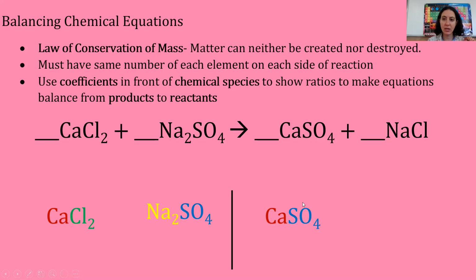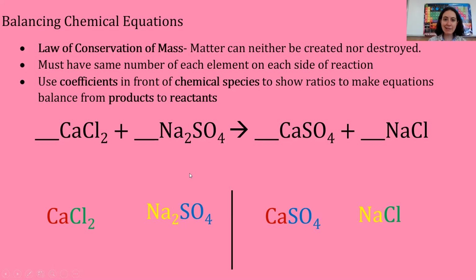Looks good so far. On this side of the equation, the products though, right now, there's only 1 sodium and 1 chlorine. So this is not balanced as it is right now. Right now, we don't have any numbers written in, which we can assume if there's nothing written, it's just a 1.